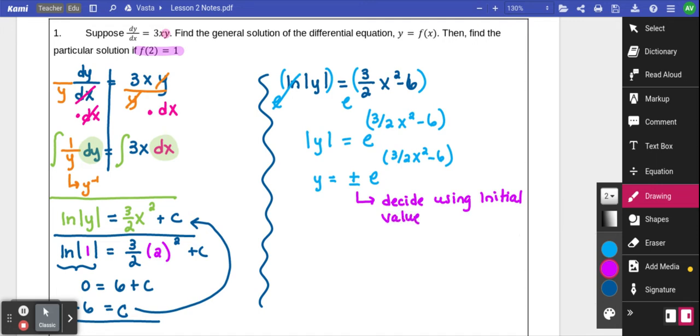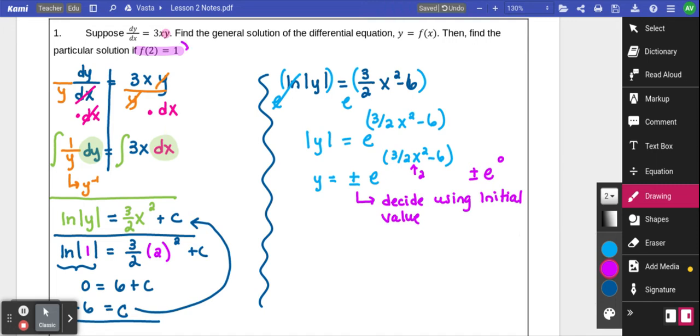If you plug in the number 2 for x here, you have 3 over 2 times 2 squared. Now 2 squared is 4, so 3 over 2 times 4 is 6, and 6 minus 6 is 0. That means you're either going to have positive or negative e to the 0.